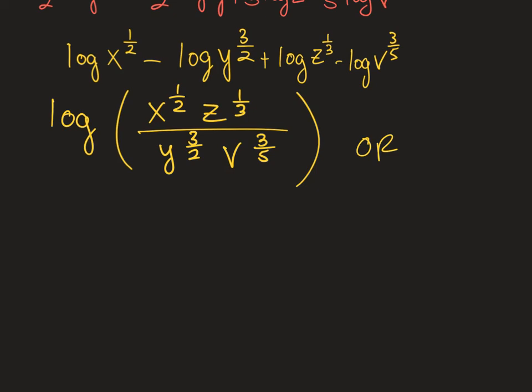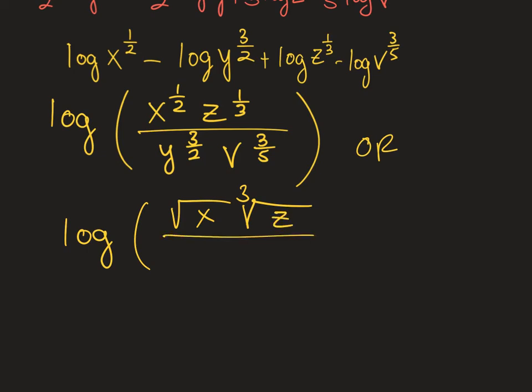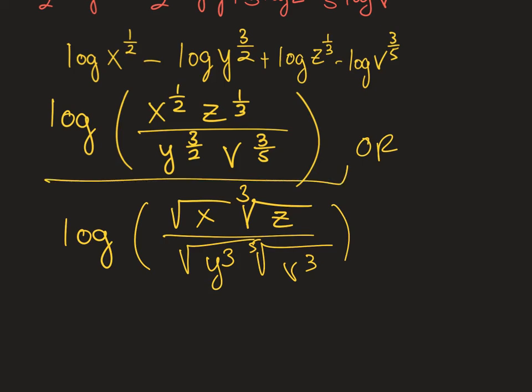So log of the square root of x times the cubed root of z over the square root of y to the 3rd and the 5th root of v to the 3rd. And that's your answer. But you can leave it as this.